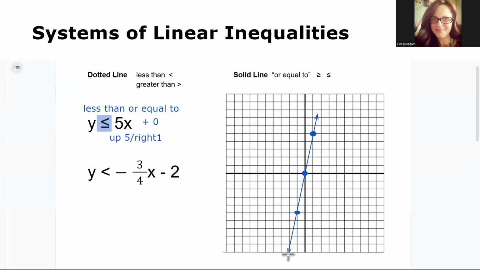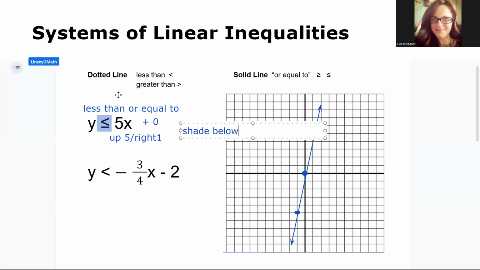I'm going to save the shading for the end. Just want to extend that line. I'm going to shade below the line, but I'm going to save that for the end.